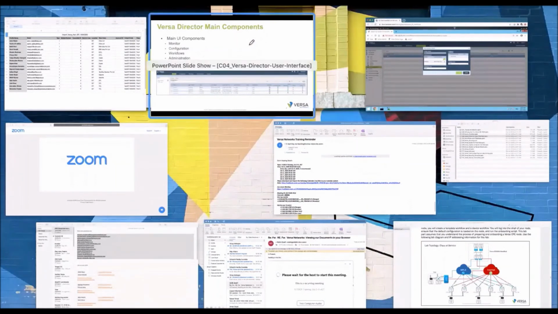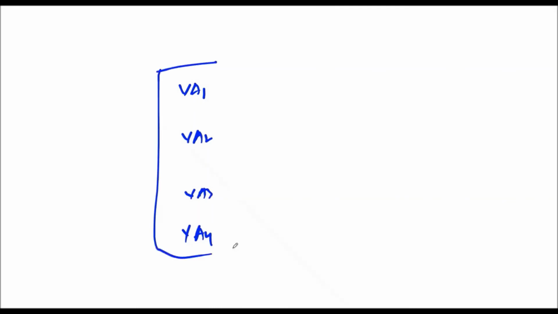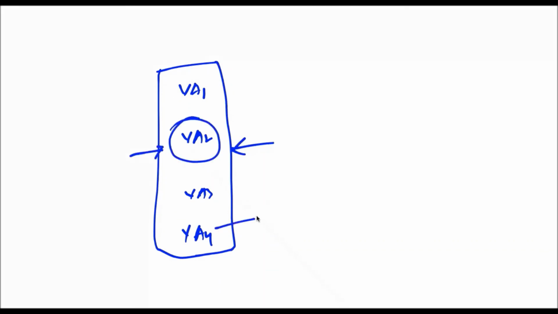We make use of analytics 1, 2, 3, and 4 as part of the cluster. Whatever information I get on analytics 2, the same outputs will be on 4, 3, and 1.